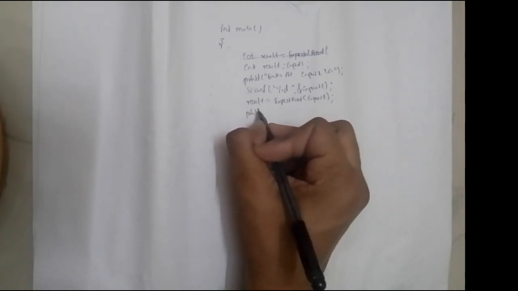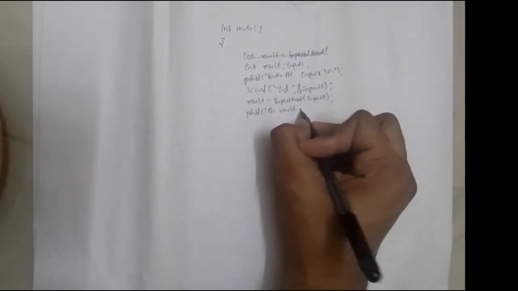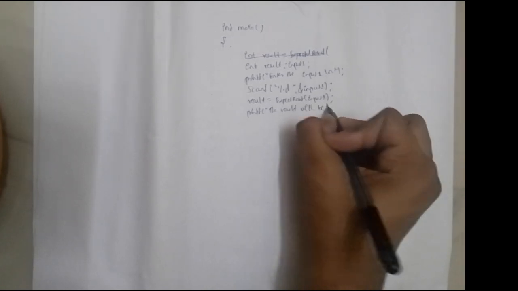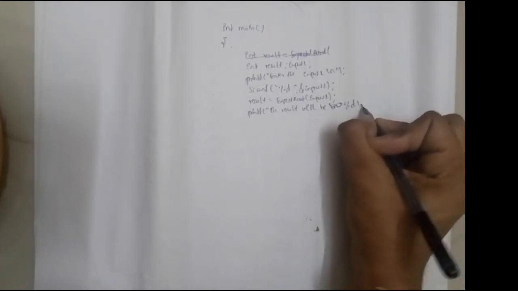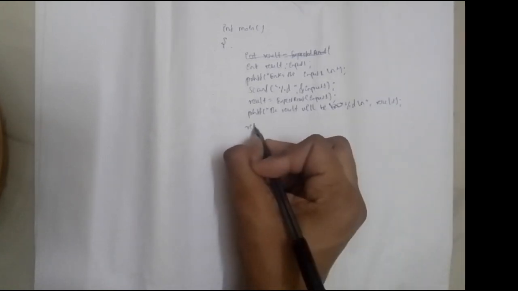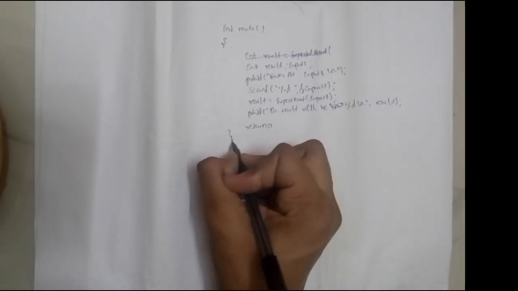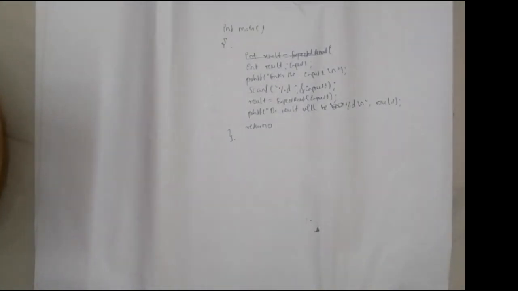Then print it: printf the result will be %d, result, return 0. That's it. This is a very simple program.